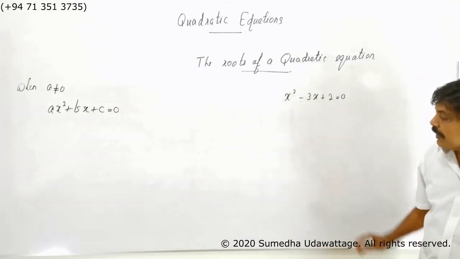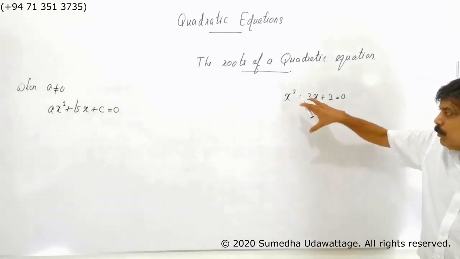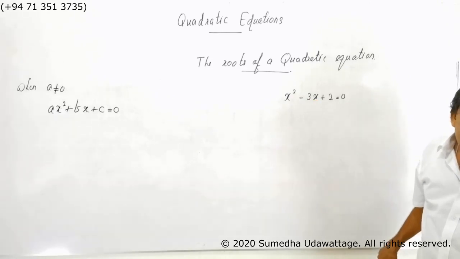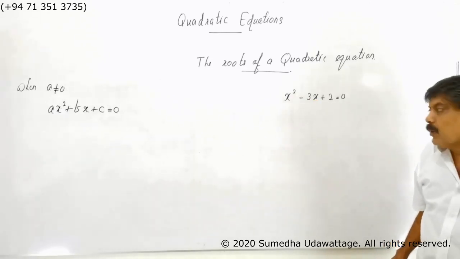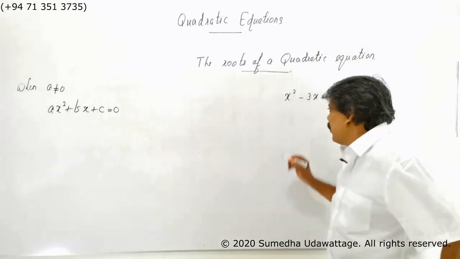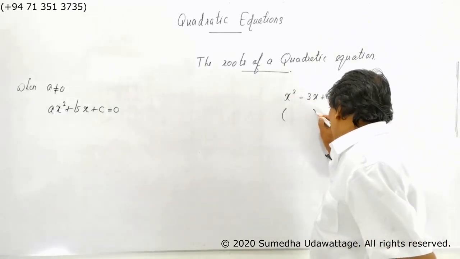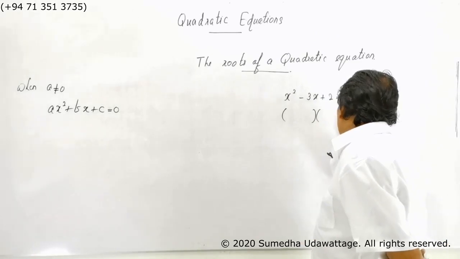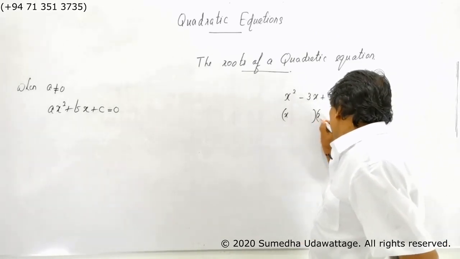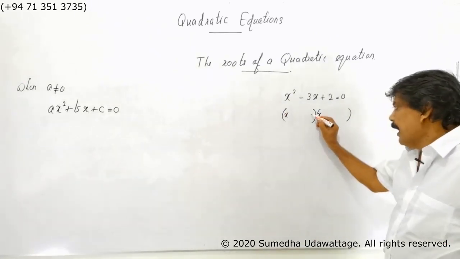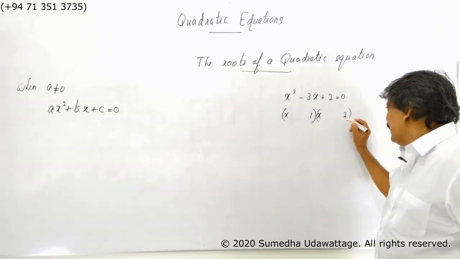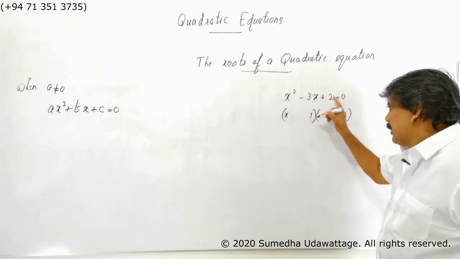Now, I ask you, what do you mean by roots of a quadratic equation? Look here. Using small-time mathematics, we'll put this into factors. You get x here, these two values, you get x square. I put 1 here, 2 here, these two values multiplied, you get 2.